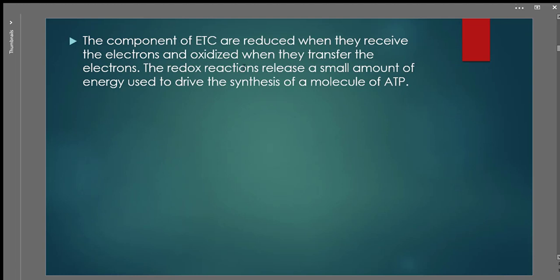The redox reactions, which involve the loss and gain of electrons and hydrogen atoms, release a small amount of energy which is used to drive the synthesis of a molecule of ATP.